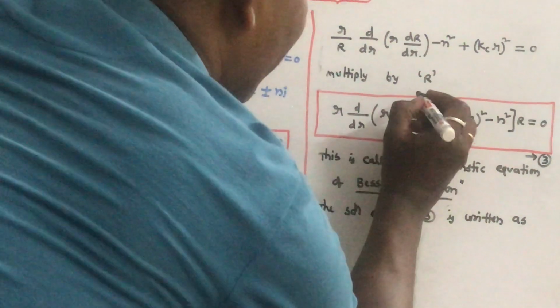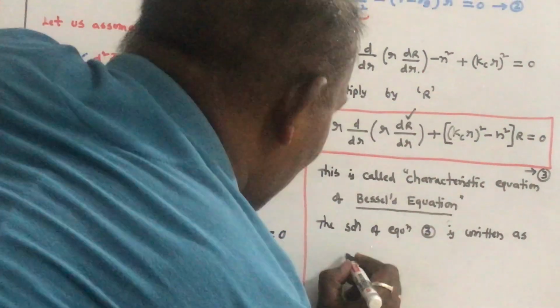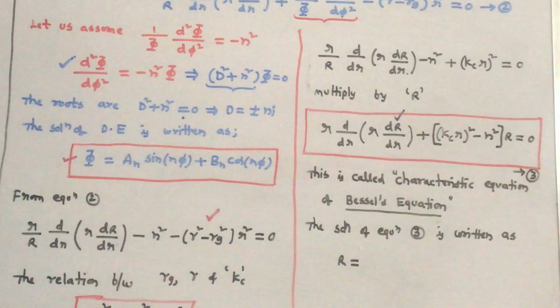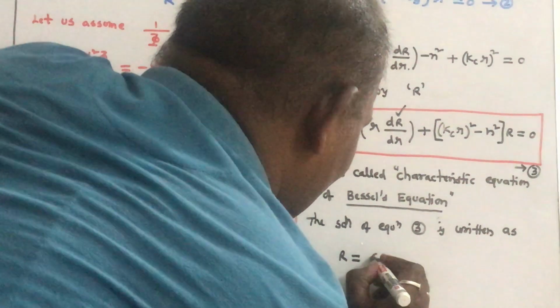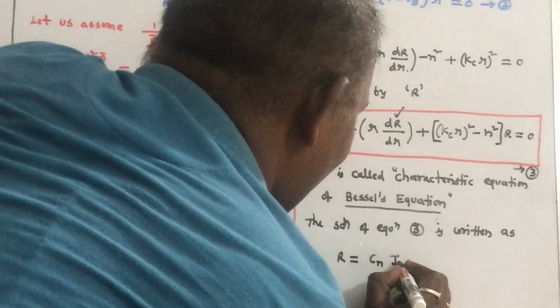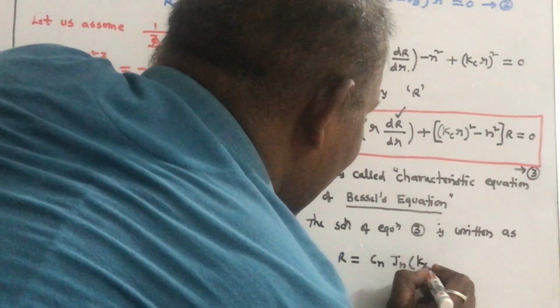So the solution for capital R, since we have already used An, Bn, is Cn into Jn of kc r, plus Dn into Nn of kc r.